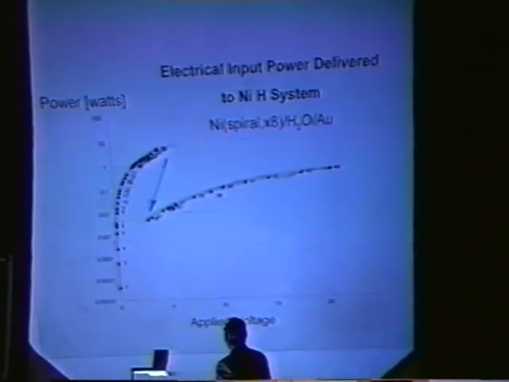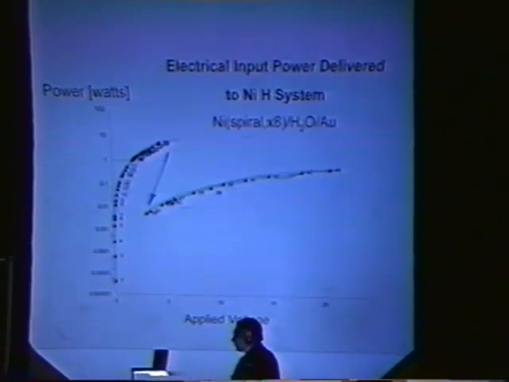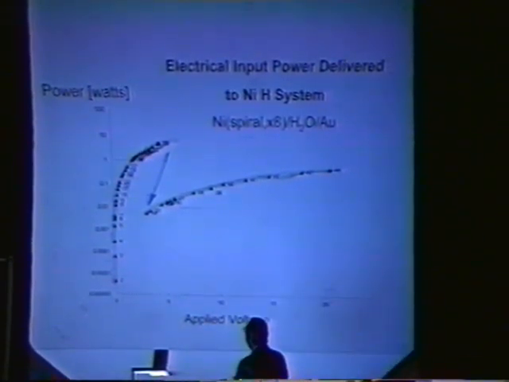This graph shows 8 cathodes wound around an opposite gold electrode. And what we find is that by increasing the voltage very slowly, actually we're using a current source here, but as we're increasing the voltage very slowly, all of a sudden we get large bubble formation.